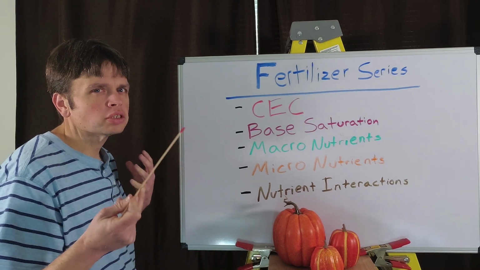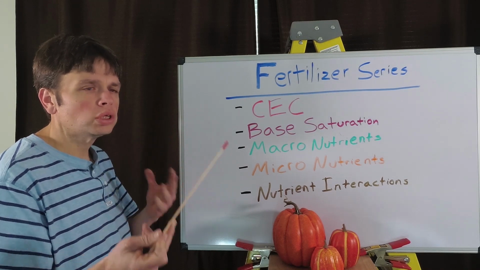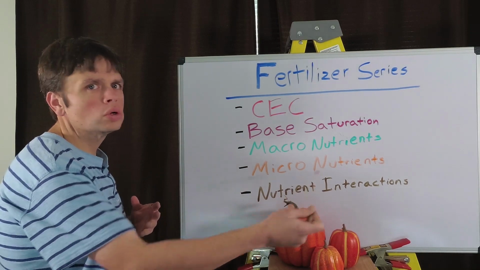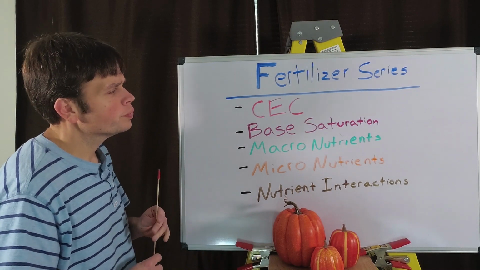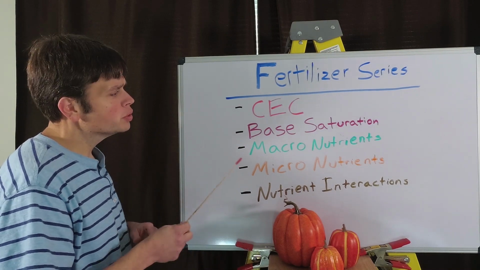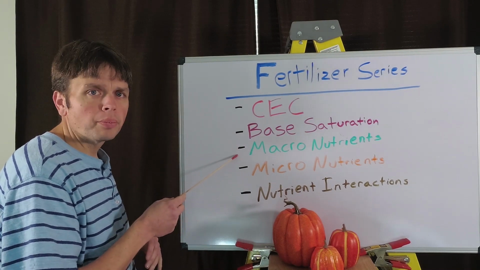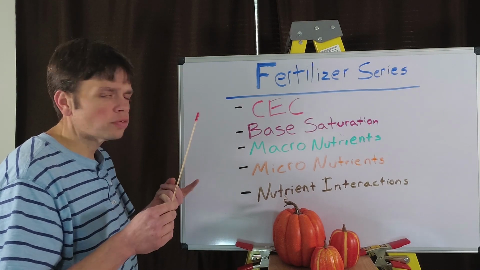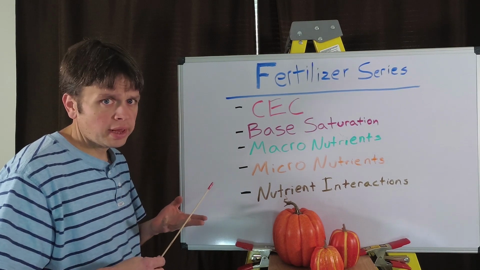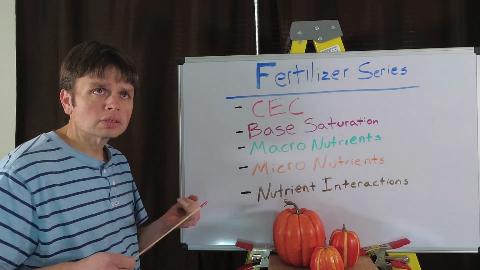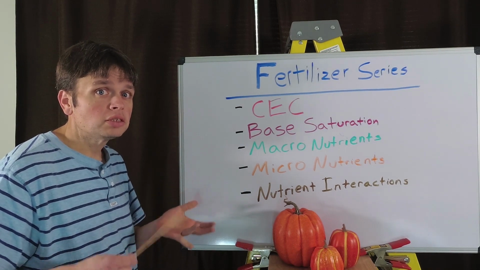It gives you a better understanding of what you are doing when you feed your plants. So then we're going to have a few episodes about macronutrients. We'll cover the nitrogen, the phosphorus, and the potassium, as well as calcium, magnesium, and sulfur.